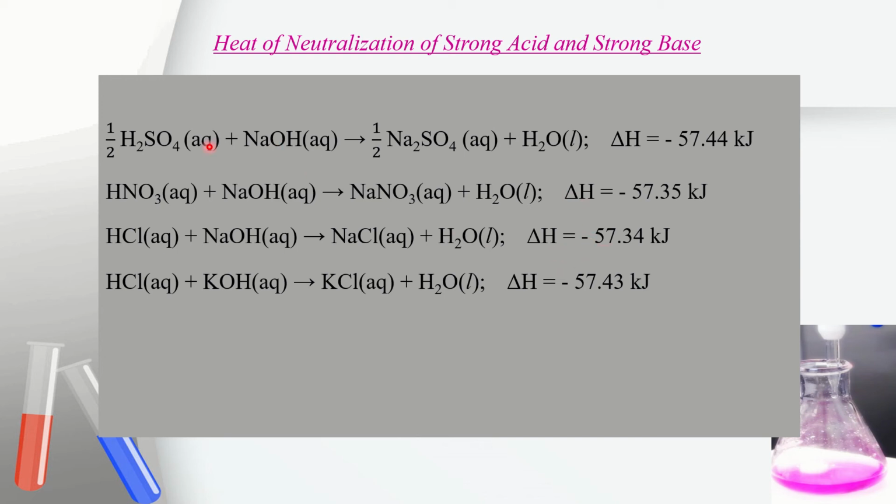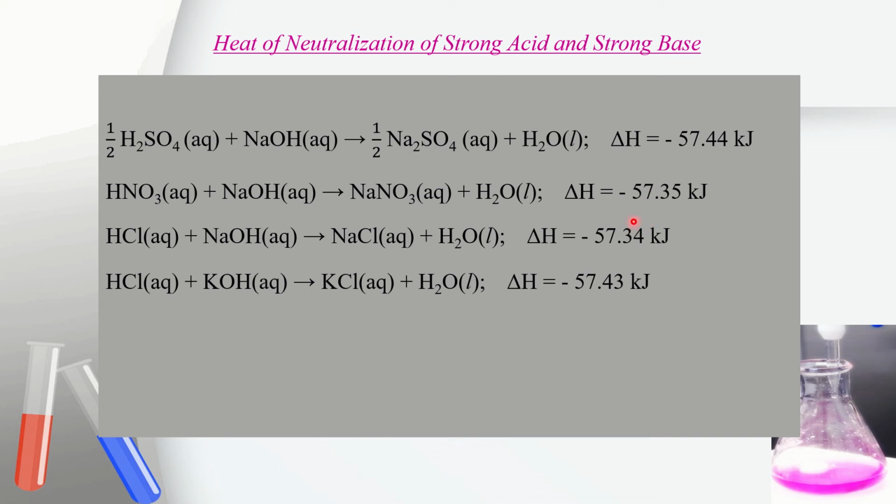Look, here all the reactions are different. All the acids are different. Bases are not the same, and they produce different salts. Only the product water is the same for every reaction. So how does the heat of neutralization of all these reactions become equal?